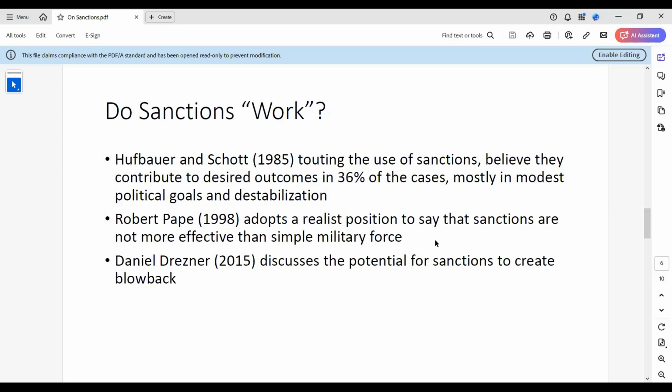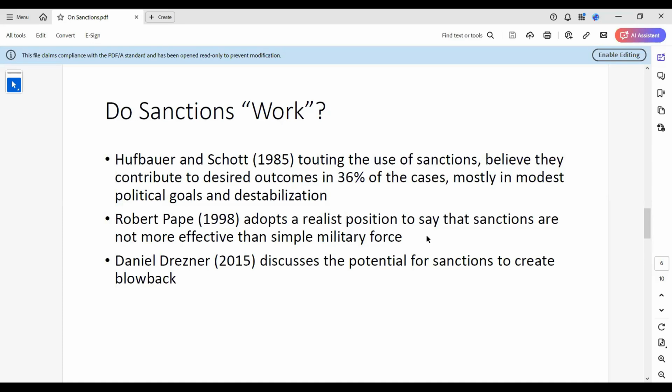If you really want to change something, you're still down to force at the end of the day. However that force is applied, it can be applied through military invasion, through destabilization, whatever you want to use. But really, those forceful options are at least as effective as the economic options that liberals support as being an alternative to war.